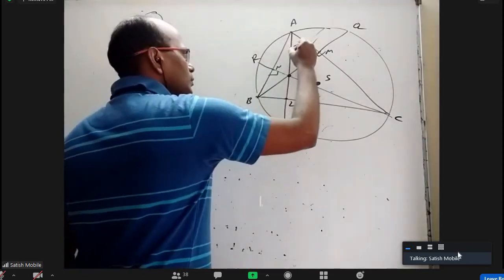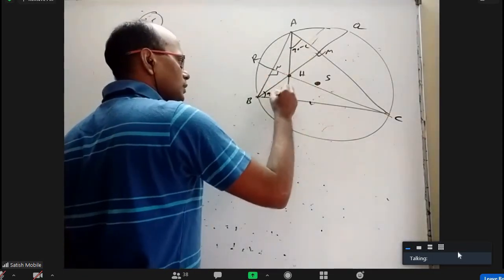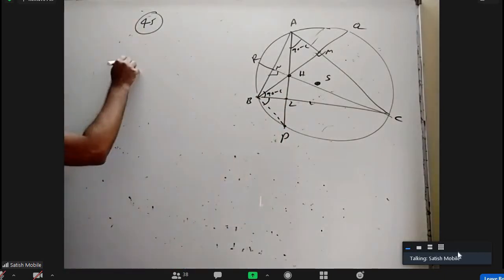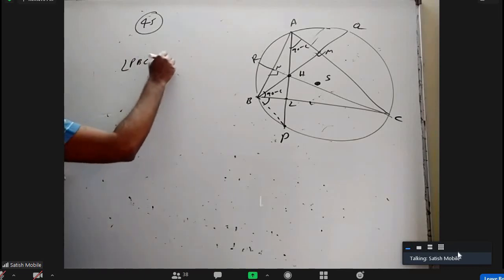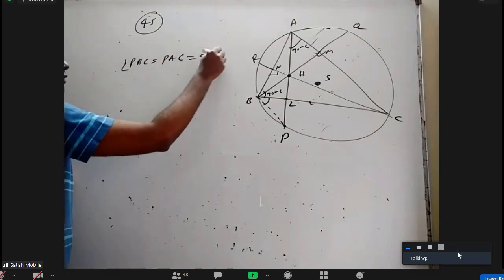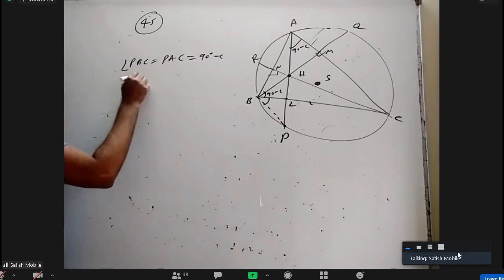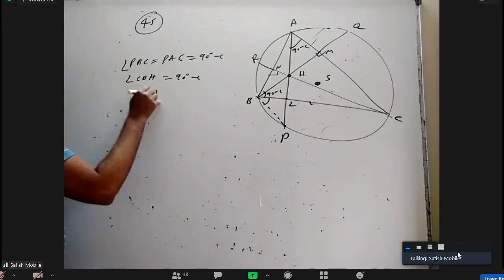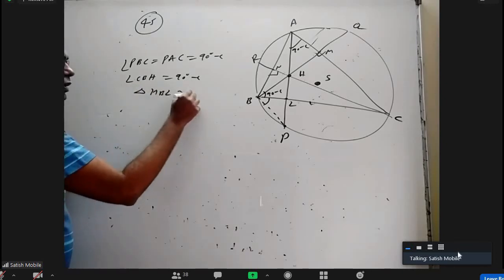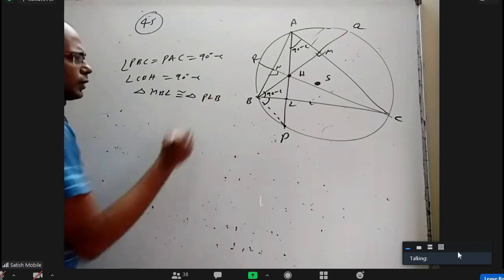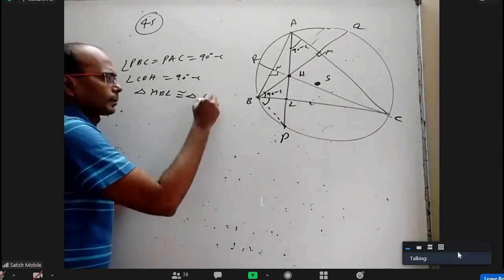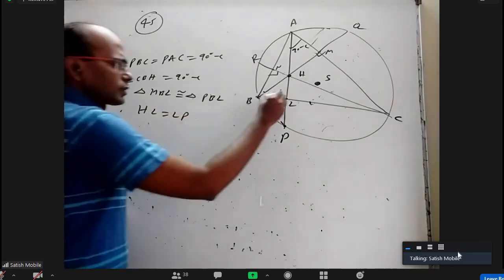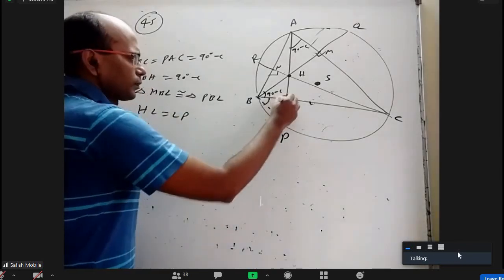This angle is 90 minus C, this angle is 90 minus C, and angle PBC is equal to angle PAC is equal to 90 degrees minus C, and angle CBH is equal to 90 minus C. So triangle HBL is congruent to triangle PLB. So HL equals LP, and the angle 90 is already known by construction.